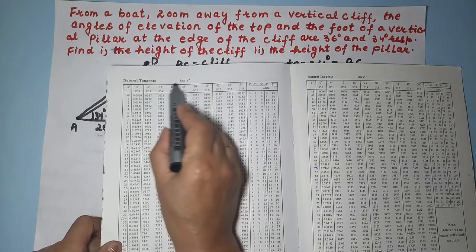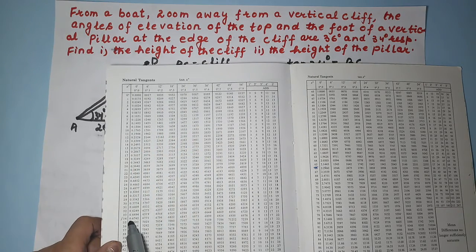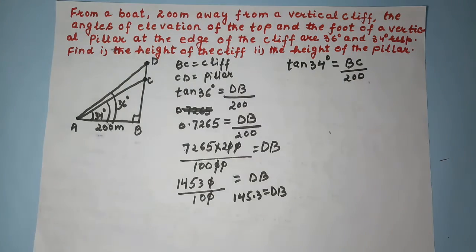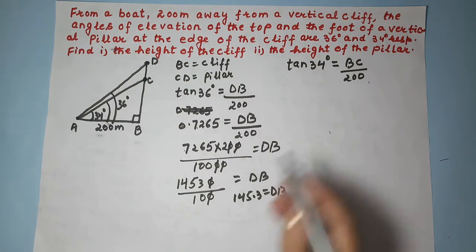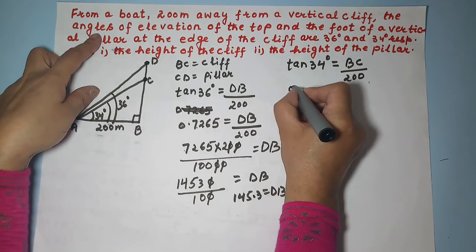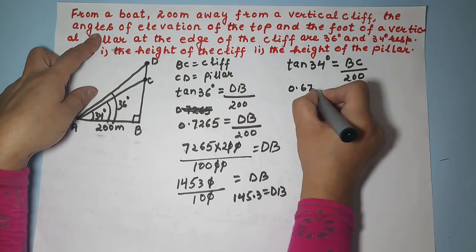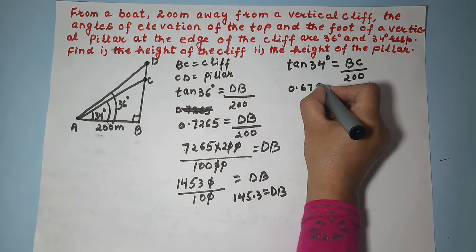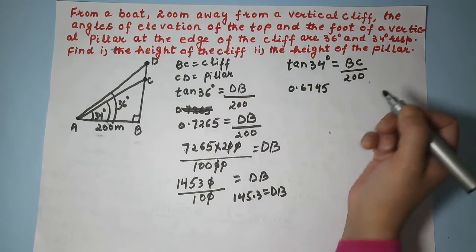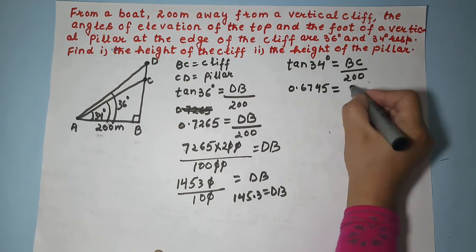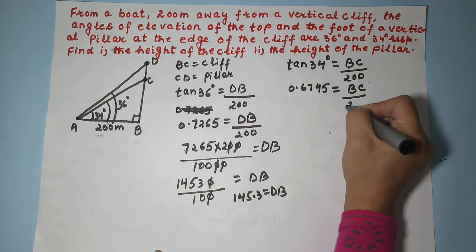This is tangent 34, 0.6745. So my value for tan 34 is 0.6745, right? So this is equal to BC upon 200.